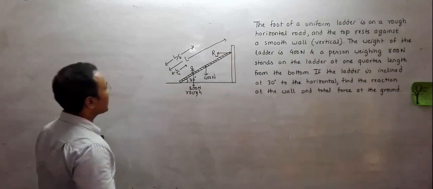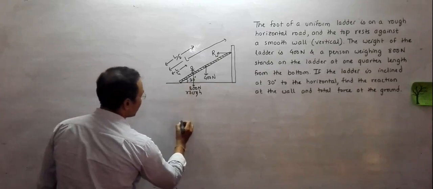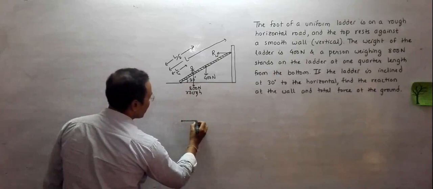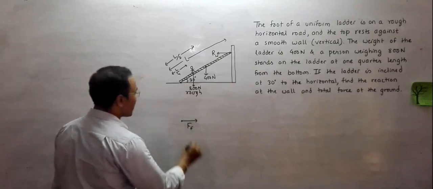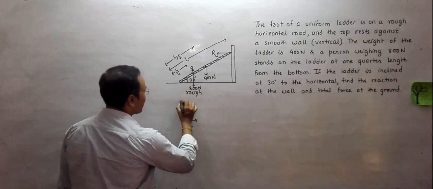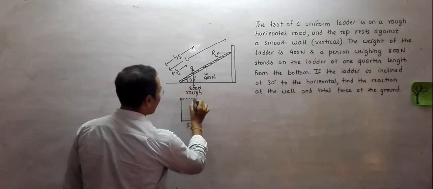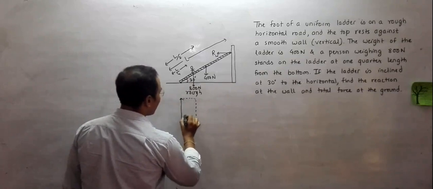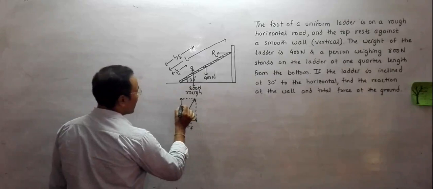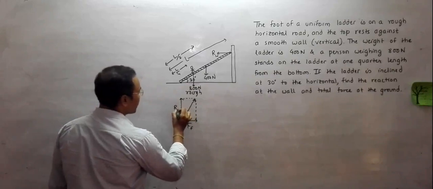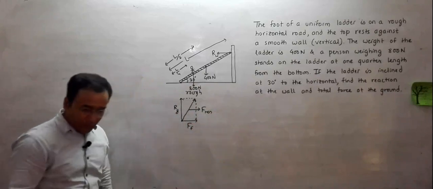Since there is friction, one of the forces is the frictional force, which acts in this direction, and the other force is the reaction of the ground, which will be in this direction. The total of those two will be going in this direction, which is the resultant force. So this is FF, this is the reaction due to the ground, and this is the F resultant.